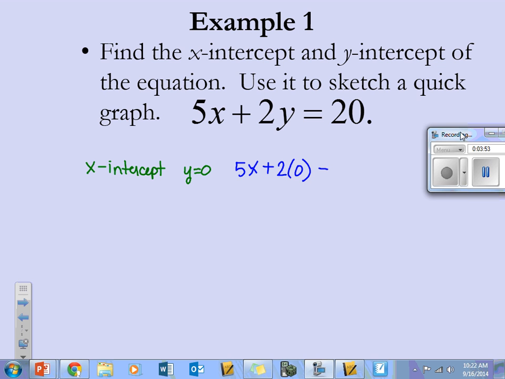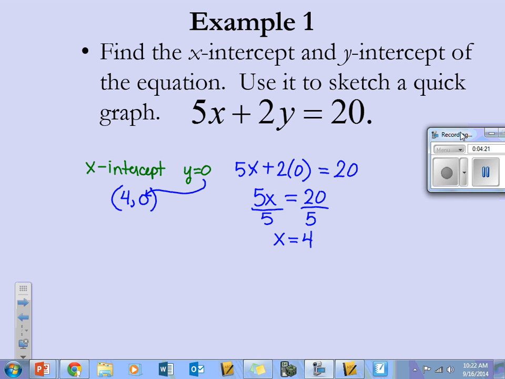So 2 times 0 is 0. So this turns into 5x plus 0. I don't need to write the plus 0. And then divide both sides by 5. And our x-intercept is 4. Now we don't write that as just 4. We write that as (4, 0) because we plug the 0 in for y.